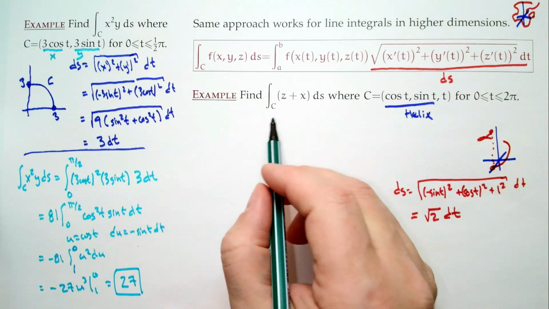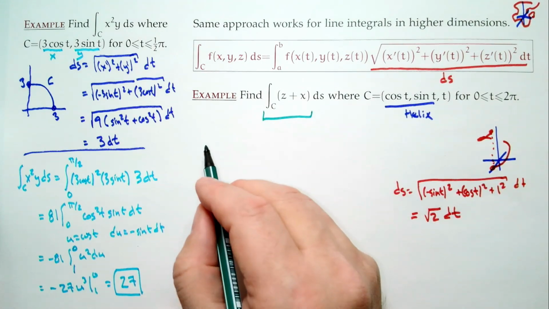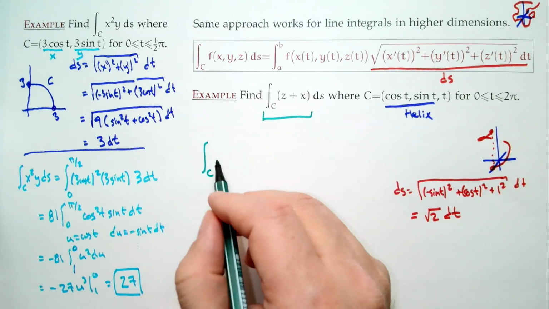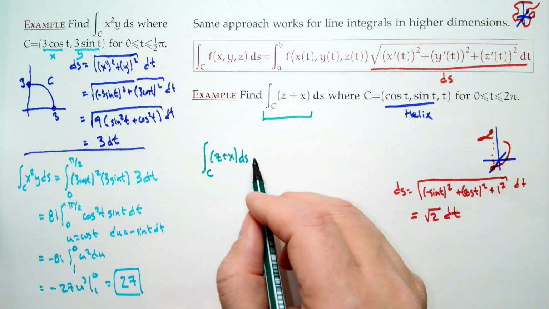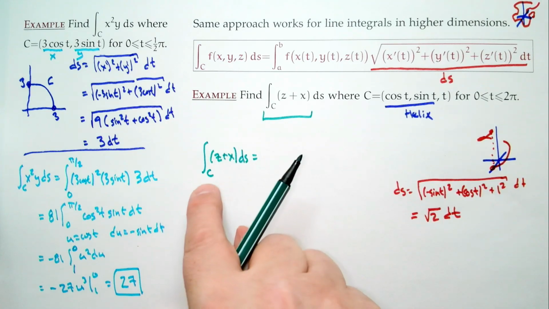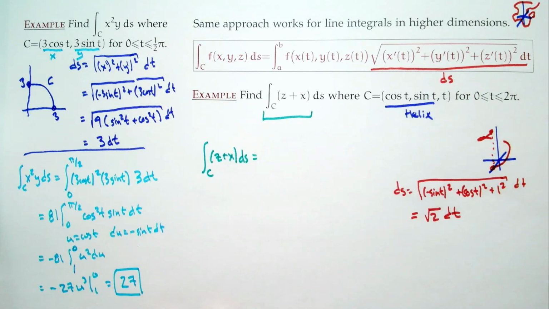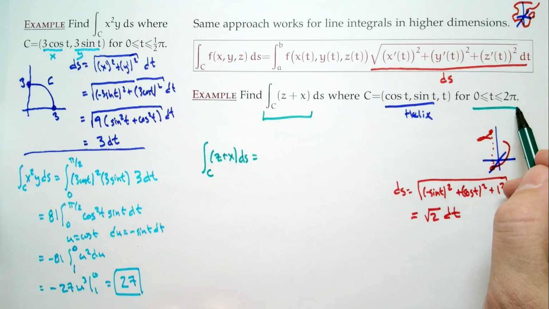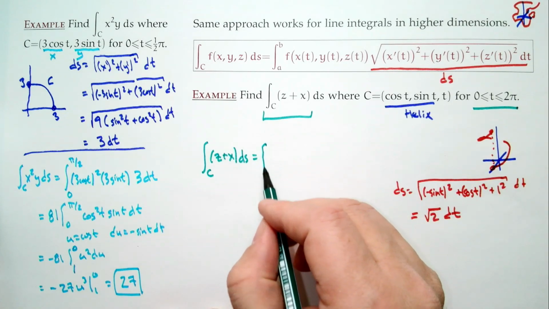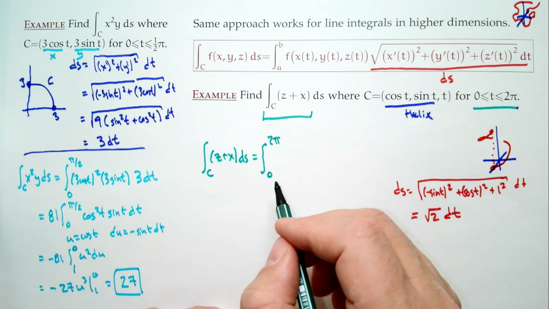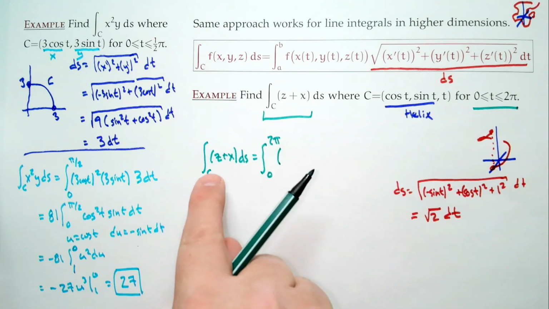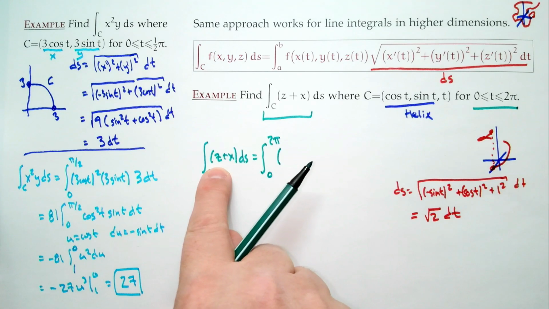Okay, so now we do our integral. So the integral along our curve of z plus x ds. So instead of saying along our curve, we're phrasing everything in terms of time. So it becomes the integral from 0 to 2 pi, because that's our time. Where we see a z, what do we put?